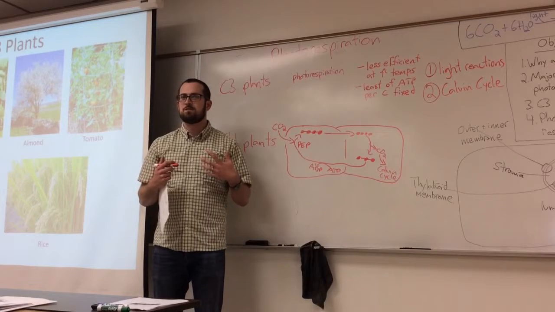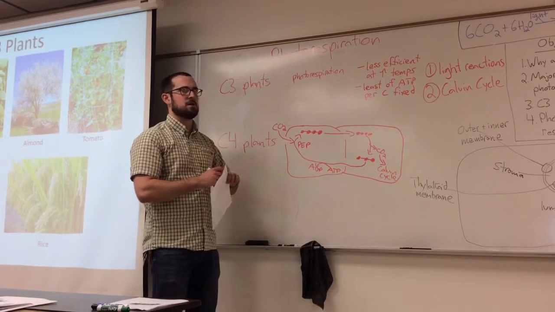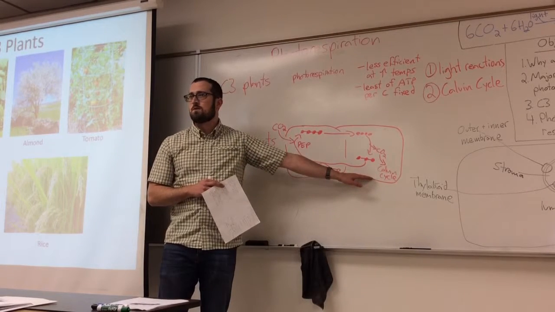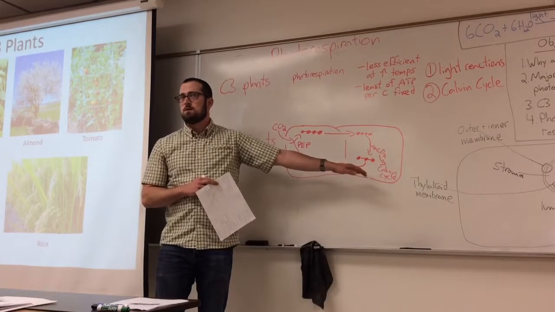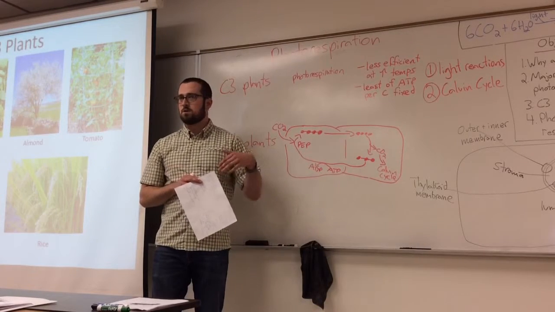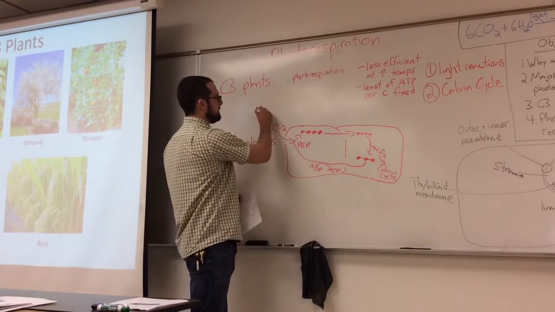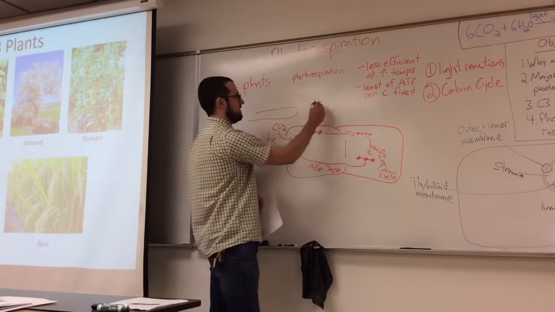What's the advantage? So one of the advantages is that because these plants are more efficient with their Calvin cycle, because oxygen is not getting to rubisco, it means that they don't need to bring as much gas into their leaves. So let's say this is a surface of a leaf here.